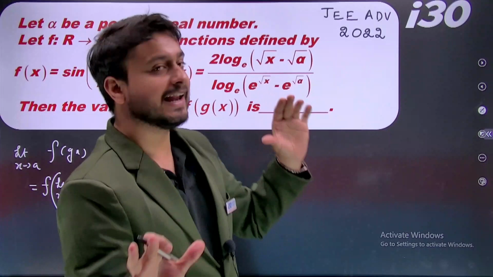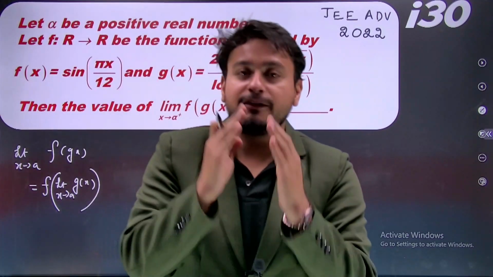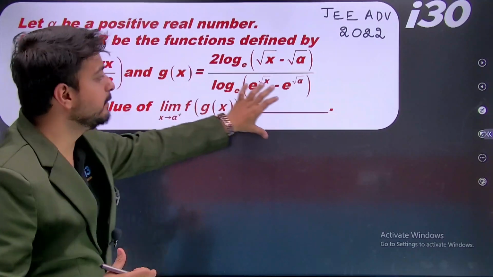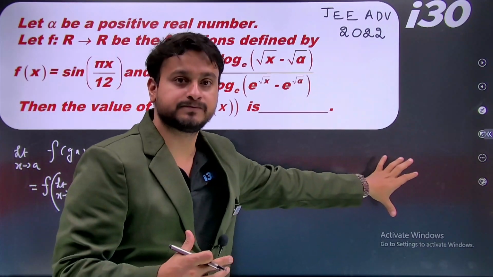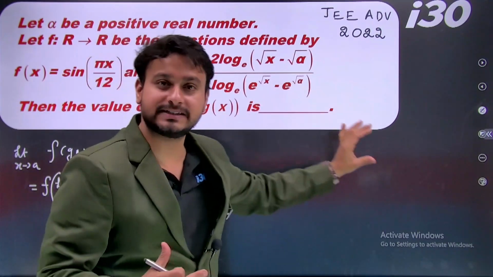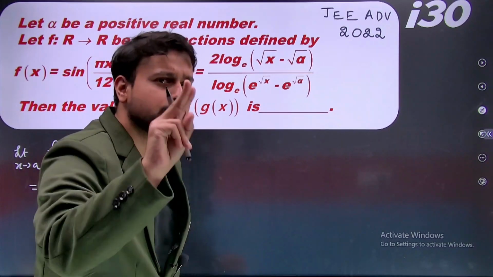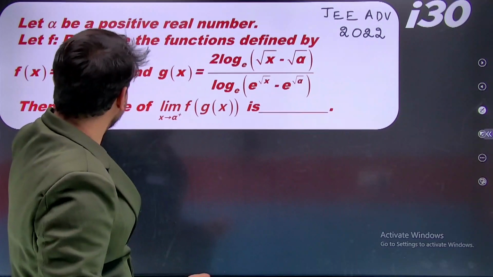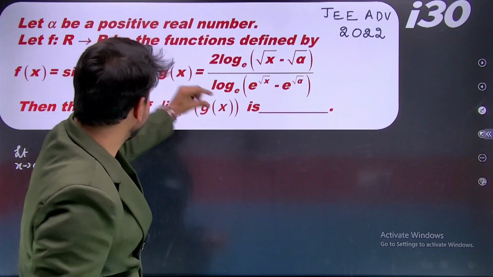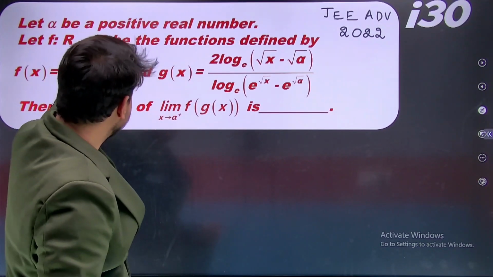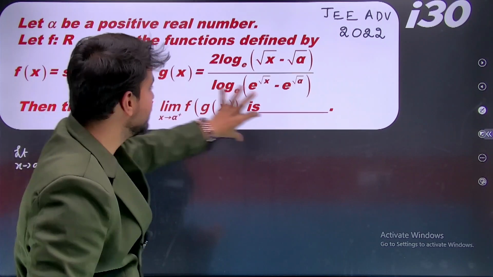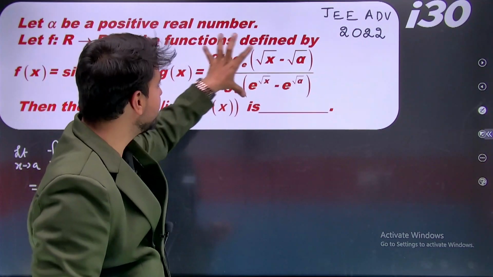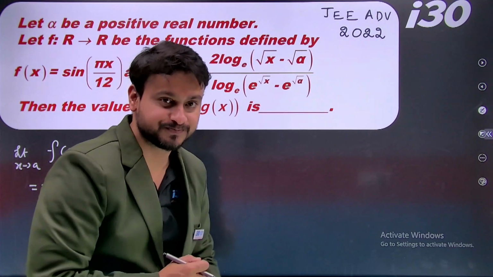It might be a value in terms of alpha or a numerical value which we'll be feeding here, and then we'll arrive at a particular answer. Obviously it's a numerical based answer, and we have to be correct until 2 decimals. Logically it should come as a numerical value.